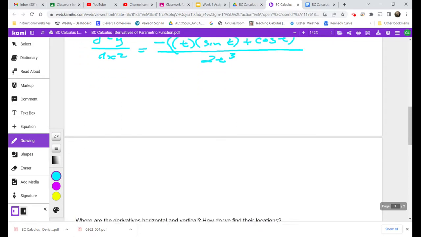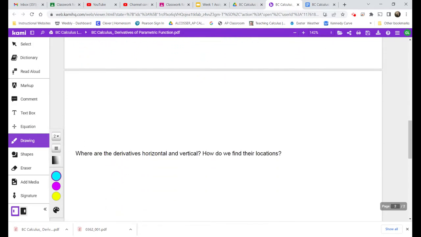Now, how do you find where the derivatives are horizontal and vertical? This one is where dy/dx equals 0, and this one is where dy/dx is undefined. How do we find their locations?